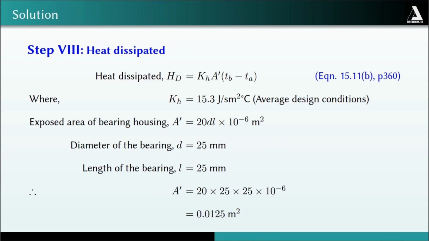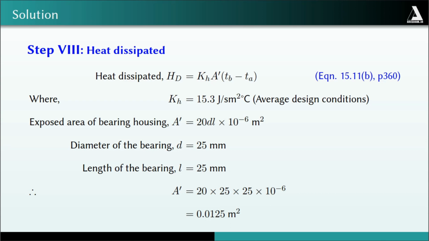Now we calculate the heat dissipated. The relation for heat dissipated is given as equation 15.11b in page number 360. The relation is HD equal to KH A dash TB minus TA, where KH is selected as 15.3 joules per second meter squared degree Celsius considering average design conditions.